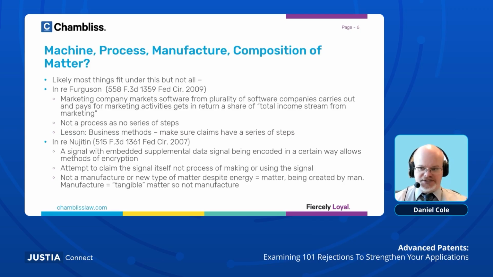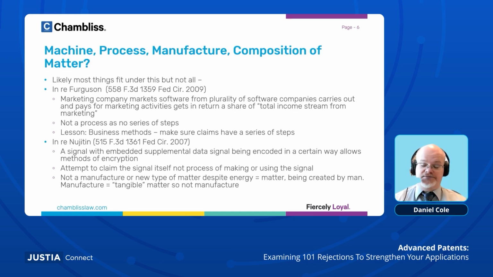And they actually quoted, we are aware that energy equals mass times speed of light squared. This does not in any way change our analysis. So despite the fact that energy can be matter, here it is not, according to the court. So this is not matter, so it is therefore not a new composition of matter created by man.